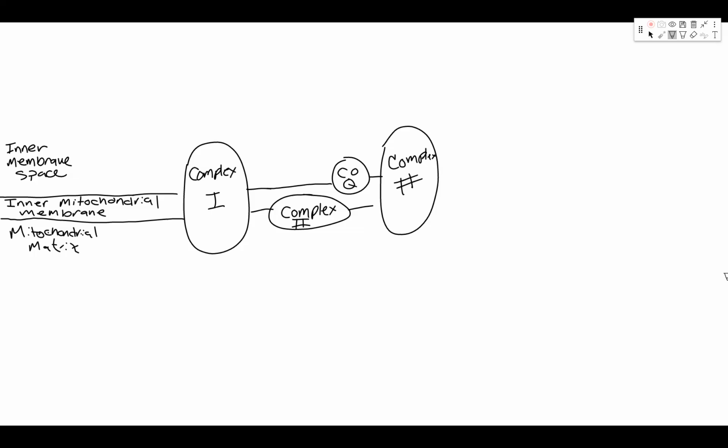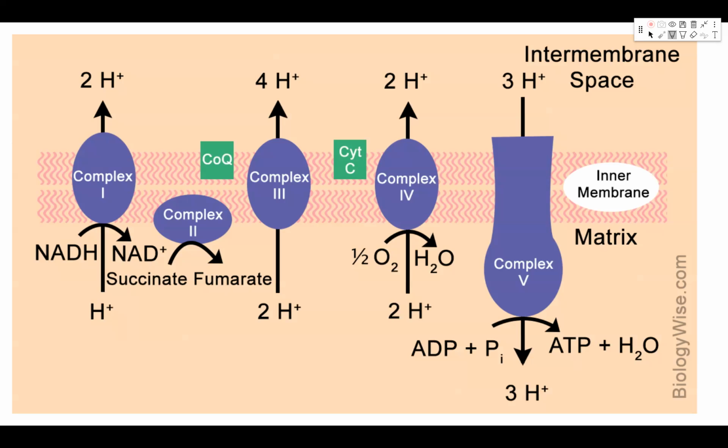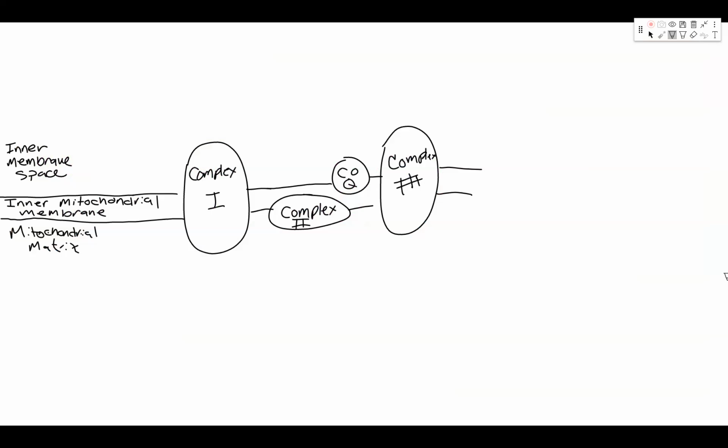We have another cofactor to help. That is cytochrome C, or CytC.